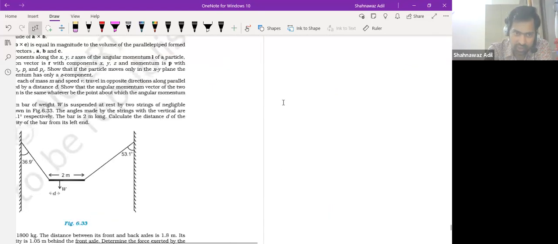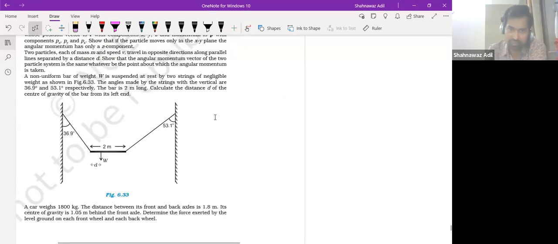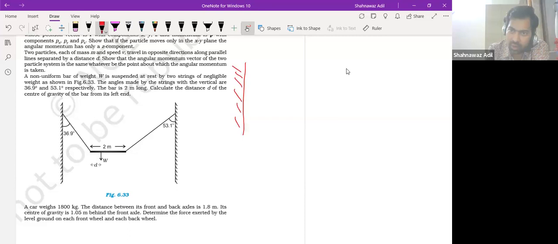Problem 6 point, right? And we have these two walls and some string, and with this string this bar is held. Remember, this is a non-uniform bar, so its center of gravity would be different.